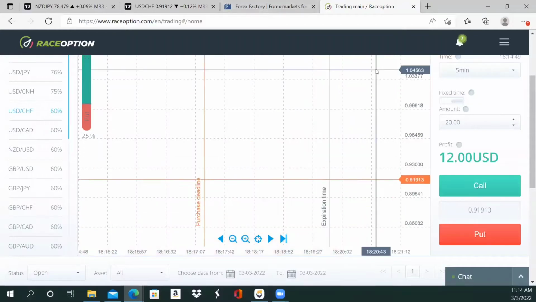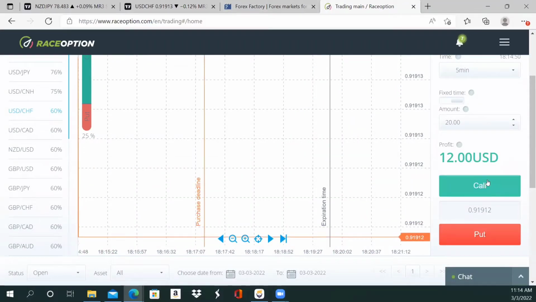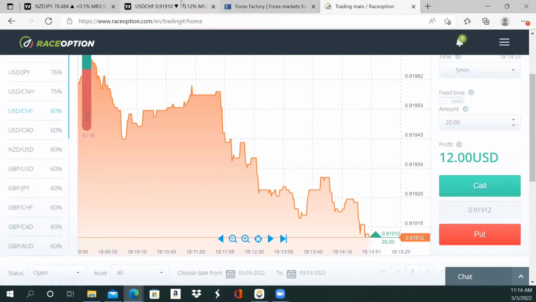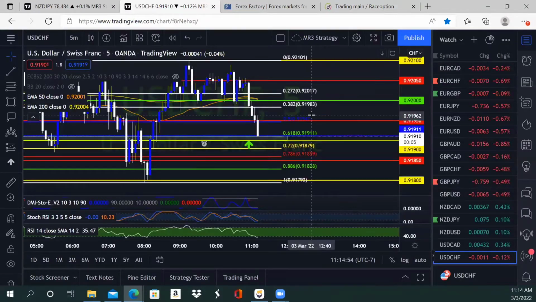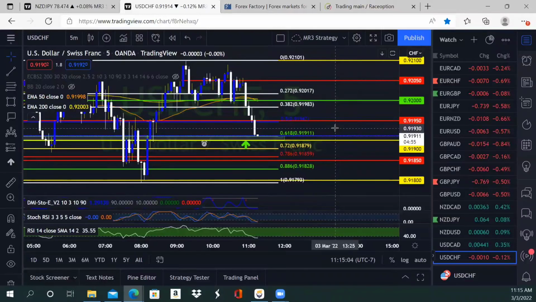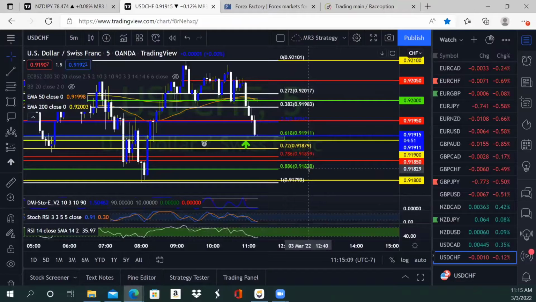USDCHF, was that USDCHF? Okay, so we just got an alert here on USDCHF. We expect a point to reverse there. So we are in an oversold position here.